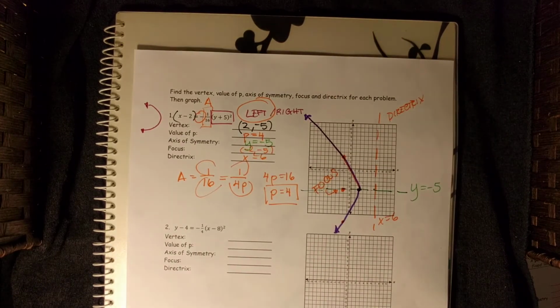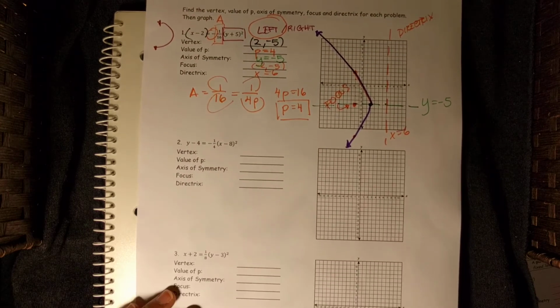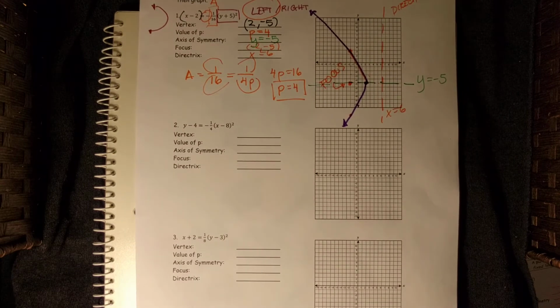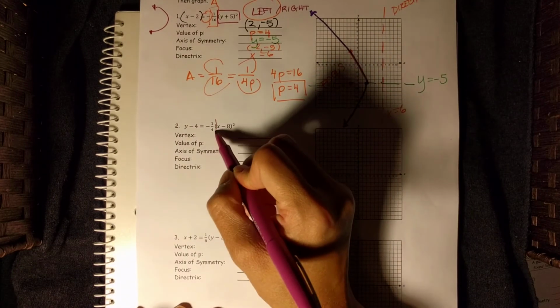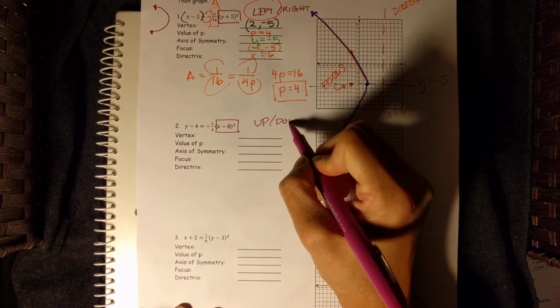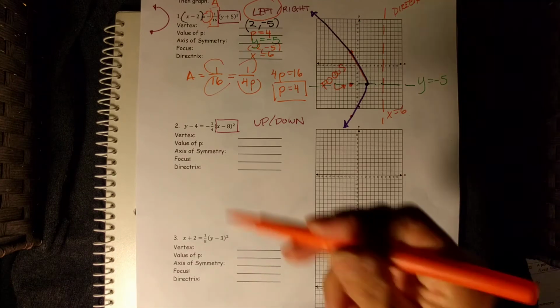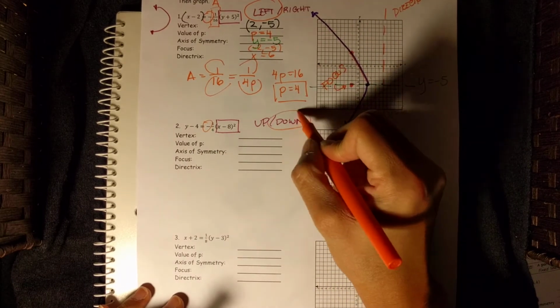So let's go ahead and do one that's nice and vertical, up and down. This next one, again, draw yourself a mental picture. For this next one, x is squared, which is a very traditional up-down parabola. And because it's negative, that means that it's going to be down, right?